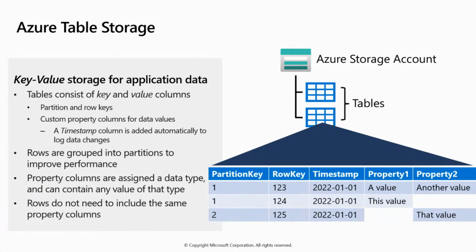That means you need to understand the concepts of storing data in multiple ways, like in a data warehouse or multi-dimensional data. The rows are grouped into partitions, property columns are assigned a data type, and rows do not need to include the same property columns.